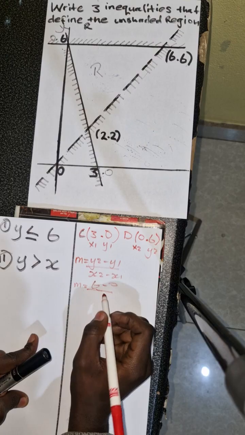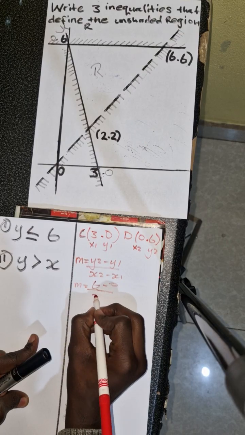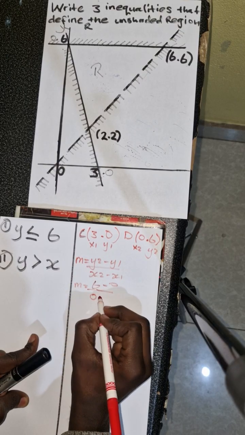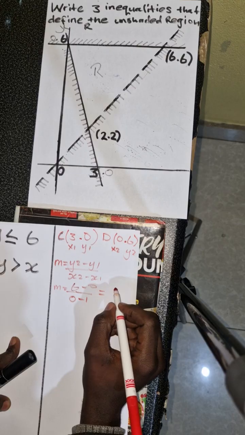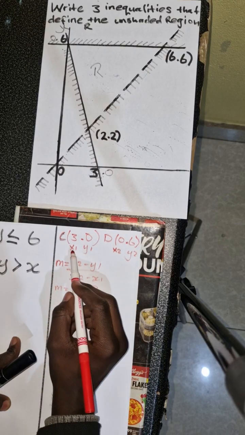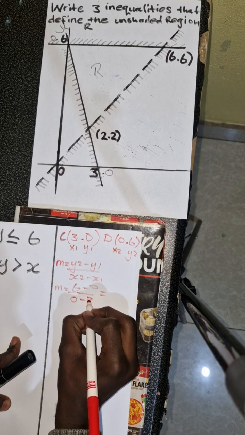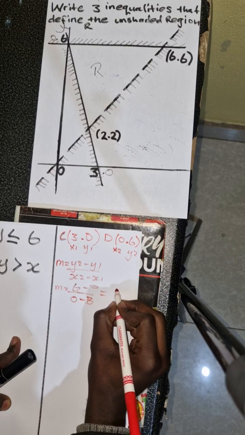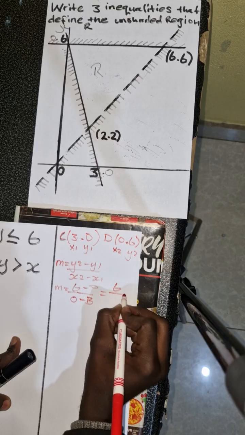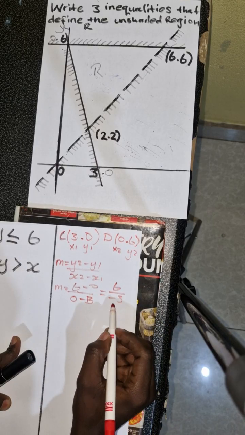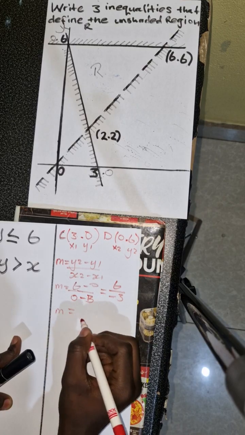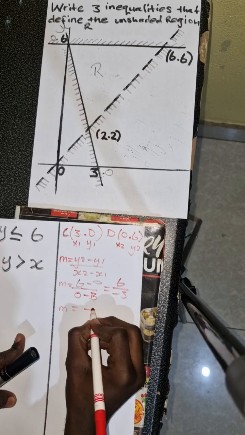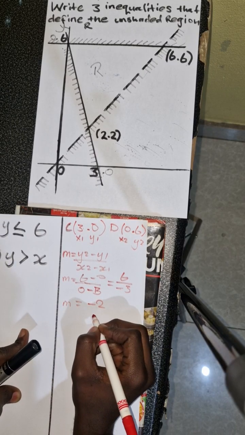My x2 is 0, and my x1 is 3. So we're going to have 6 over negative 3. 3 into 6, I'm going to have negative 2. My gradient will be negative 2.